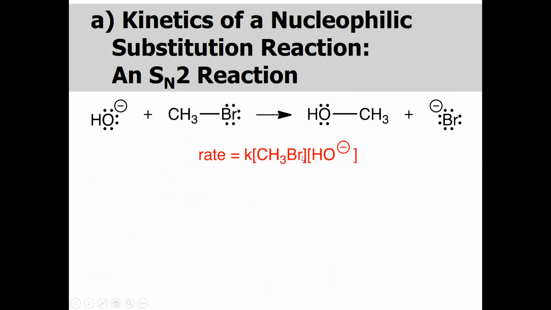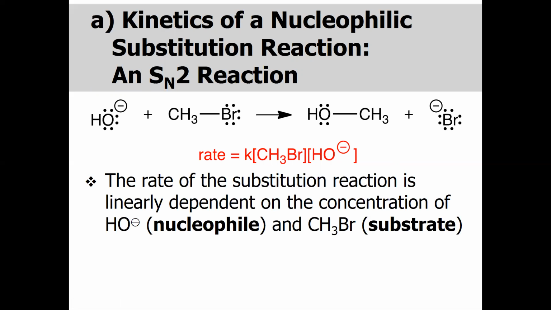Now come to the rate of the reaction, meaning the kinetics of the reaction, that is, how many molecules are taking part in the rate determining step. In the SN2 reaction, both the nucleophile and the alkyl halide take part in the rate determining step. What is the rate determining step? The step which consumes a lot of time over all the reaction.